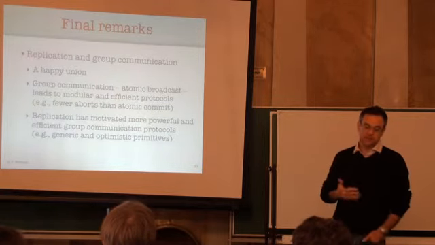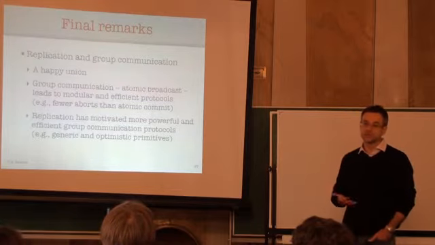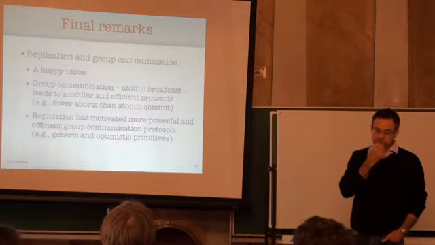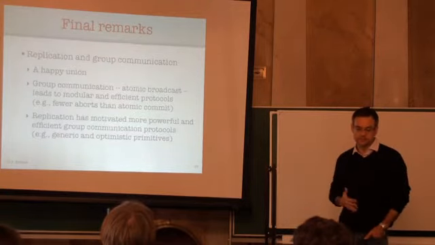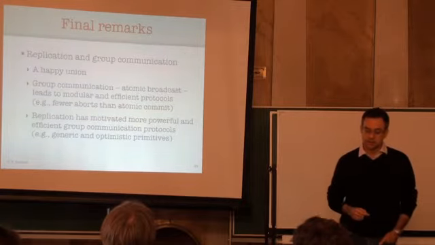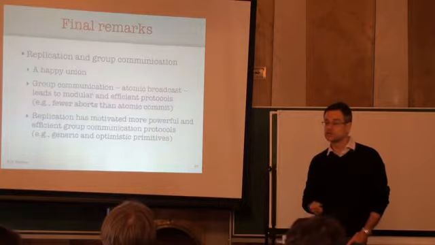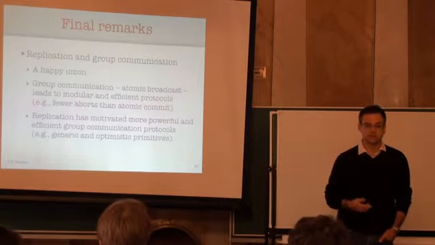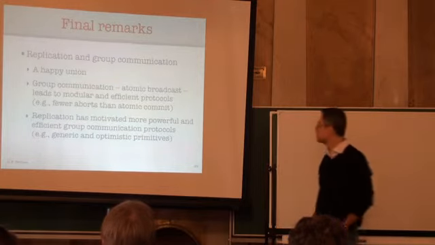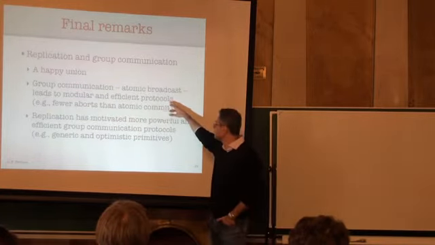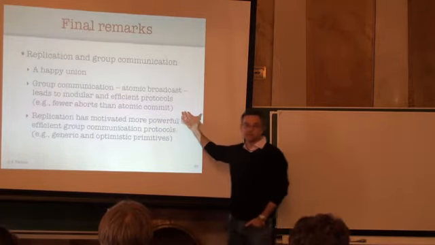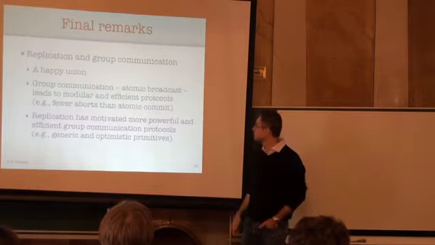Most of the protocols that I showed you are based on group communication, right? Atomic broadcast, generic broadcast. By using group communication to design replication protocols, you can simplify the reasoning about the correctness of these systems, and the solution becomes more modular because you don't have to consider how methods are going to be ordered, because atomic broadcast gives you this powerful and clean total order property.